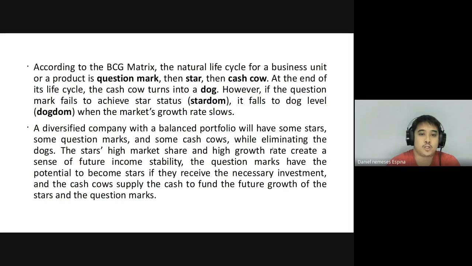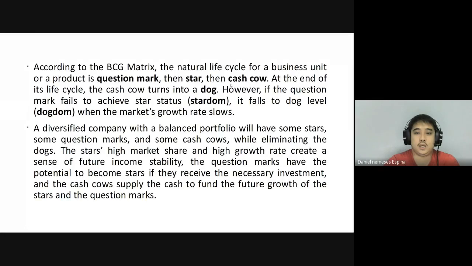So what to do with those businesses under the star, the question mark, the cash cow, and the dog? According to the BCG matrix, the natural life cycle for a business unit or a product starts as a question mark, or those products or businesses with a high market growth but low market share. And then eventually it will evolve into a star, or a condition where the business or product has a high market share and high growth rate.